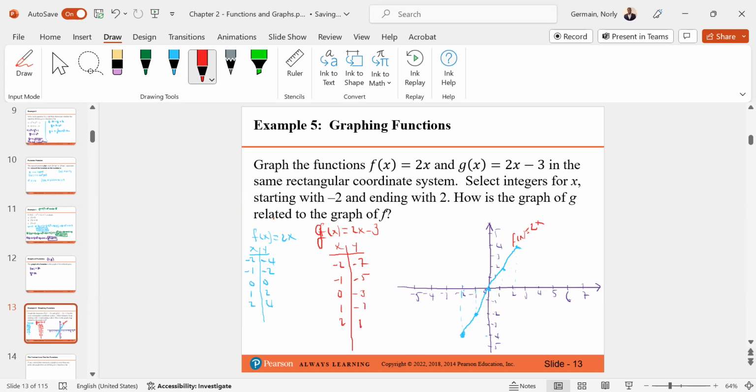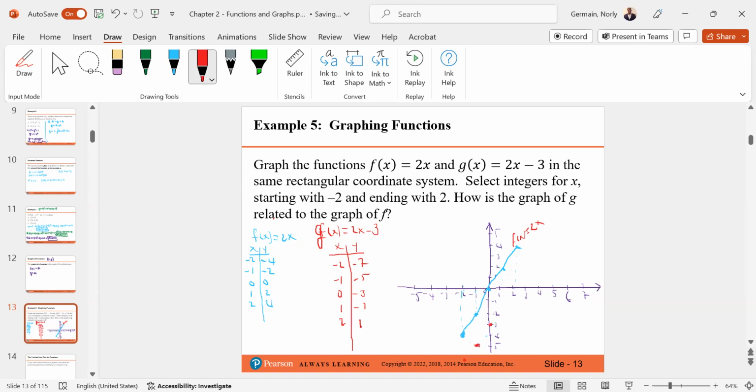So when x is equal to -2, y gives me a -7. Unfortunately, I might not see it, but it's all the way down here, right? When x is -1, y gives me a -5. I'm gonna keep it that way. When x is 0, y is -3. This is -3 right here.